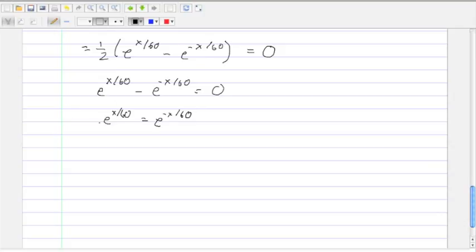So again, this line here is true only if those exponents are equal. So when is x over 60 equal to minus x over 60? So then when is x equal to minus x?